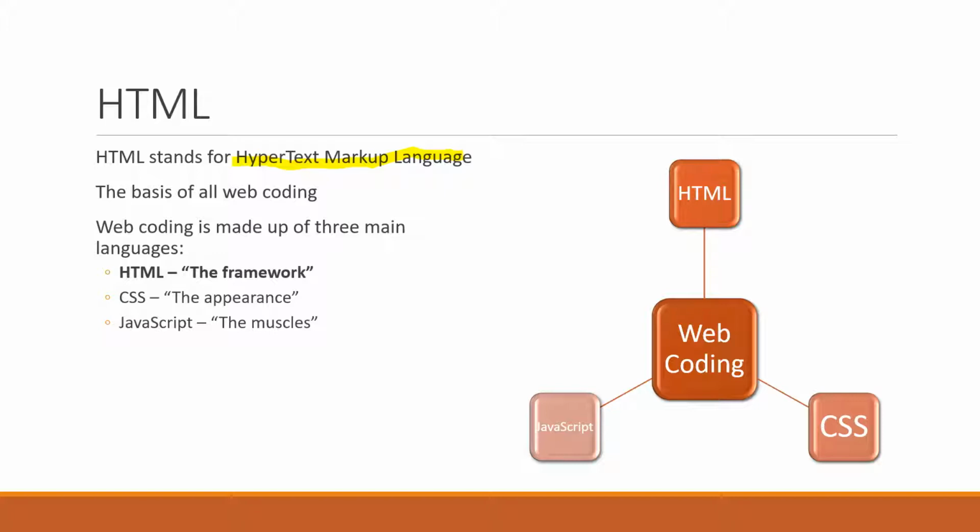But the three main languages that any web developer needs to know are HTML, which provides the framework for a web page. It's the most basic document, and in the early days, that was the only language that was spoken on the early web.